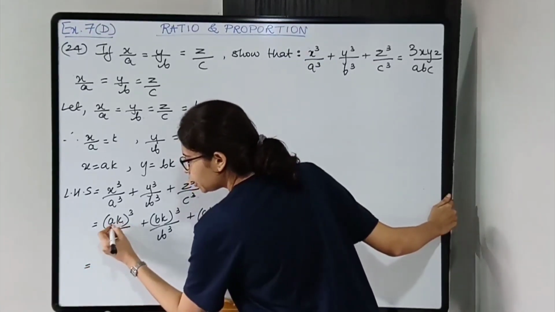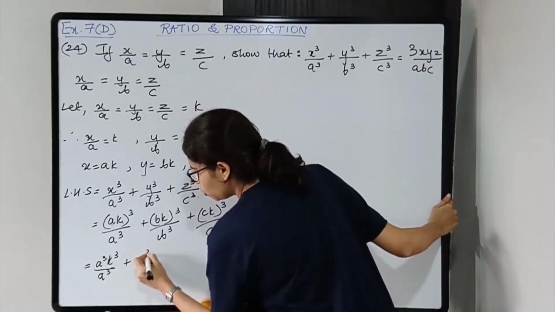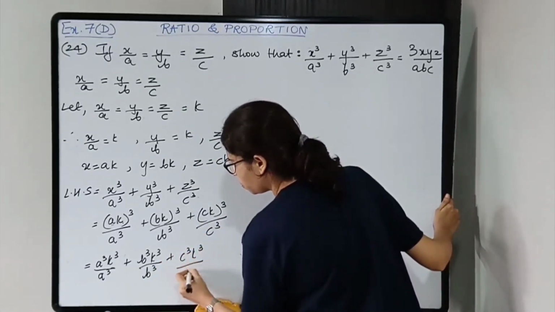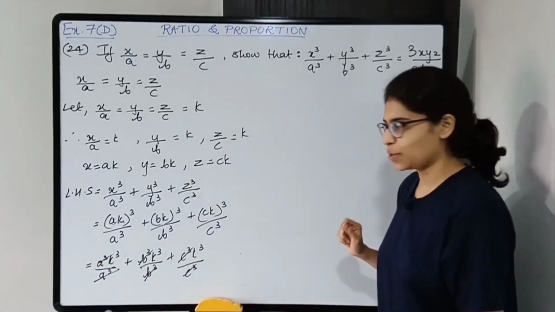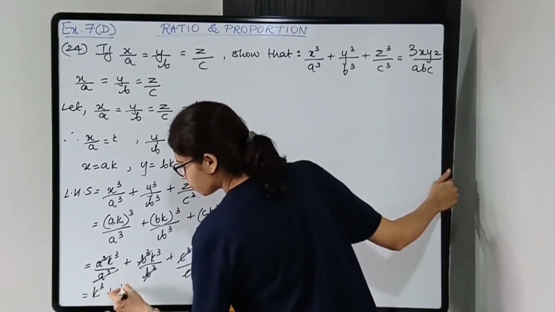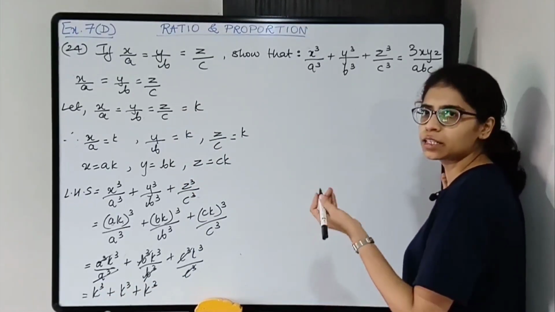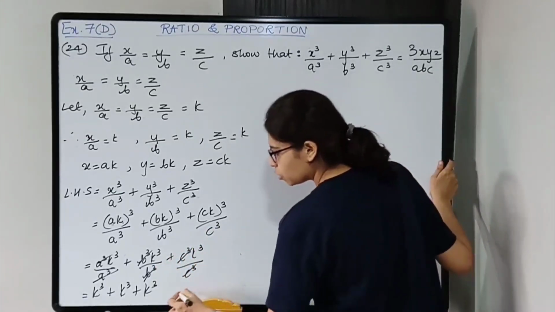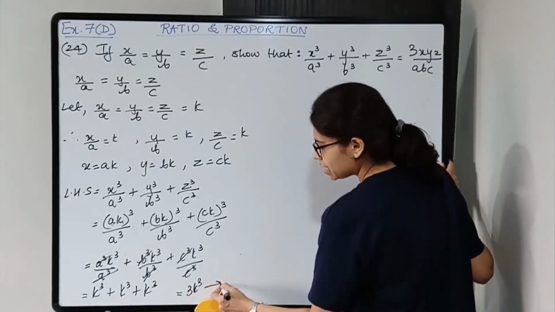So here we will cube both these: a cube k cube upon a cube, b cube k cube upon b cube, plus c cube k cube upon c cube. a cube, b cube, c cube cancel. So we are left with k cube plus k cube plus k cube. So what is k cube plus k cube plus k cube? 3k cube. It is like k plus k, that will give me 2k. Same thing, k cube plus k cube plus k cube gives me 3k cube. You'll write this on the next line. Mark this as 1.